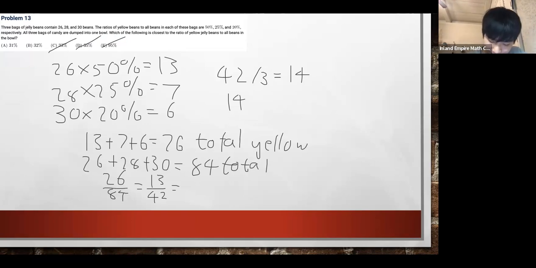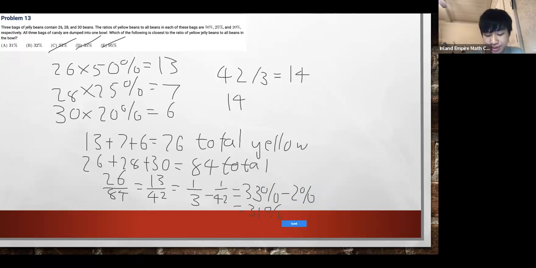So what that means is that it's going to be 1/3 minus 1 over 42. Well, what is 1 over 42 closest to? 1 over 42 is pretty close to 1 over 50, which is the same thing as 2%. So the answer is going to be about 33% minus 2%, which is around 31%.